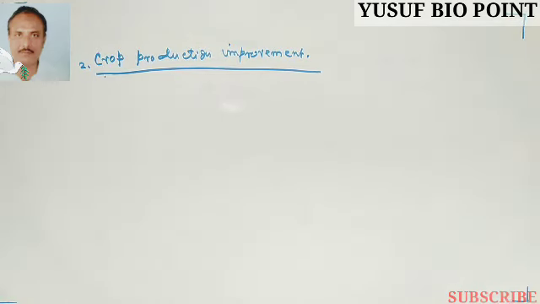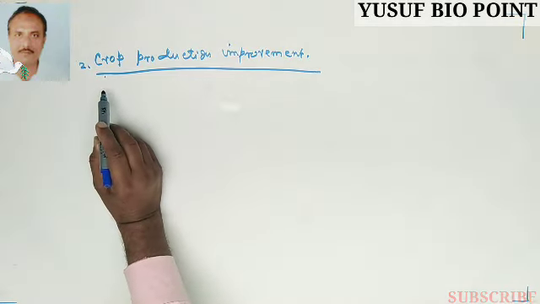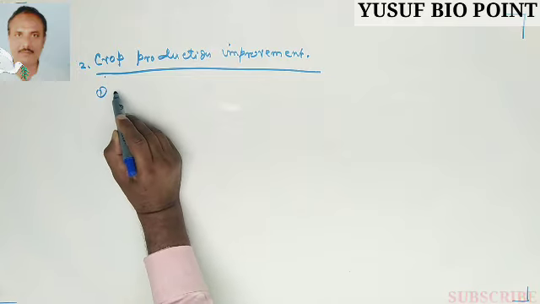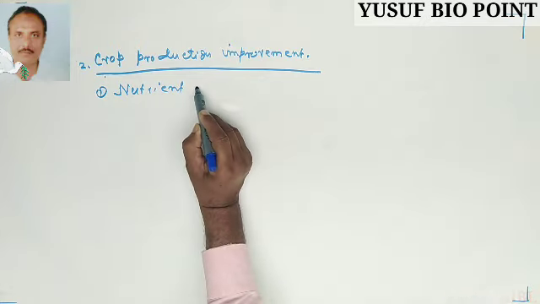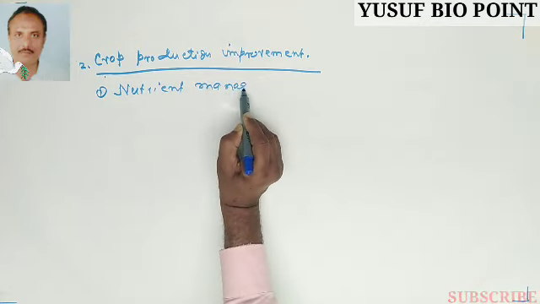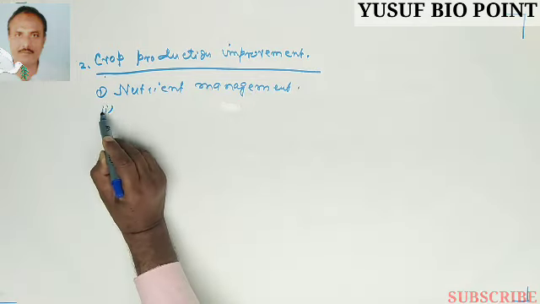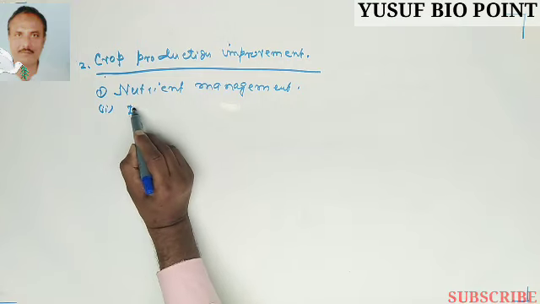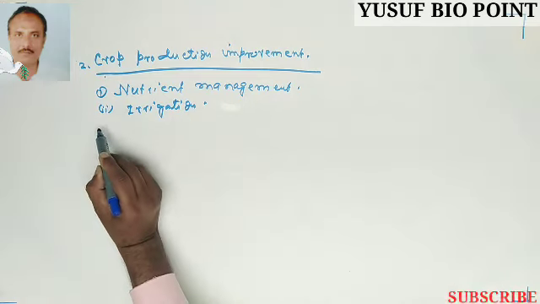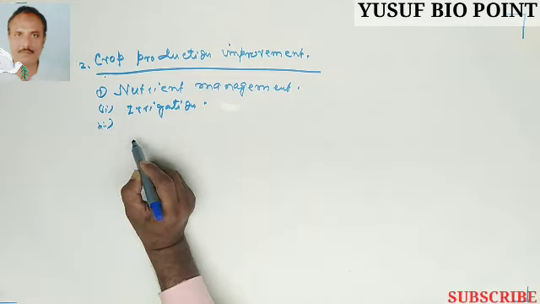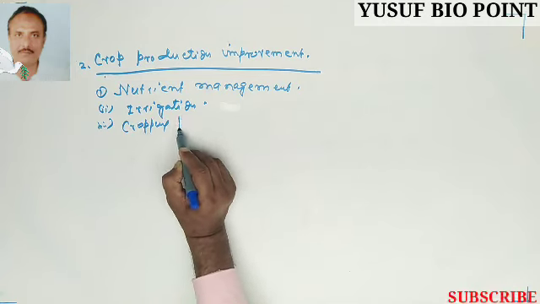Production improvement. To improve the production, we study the following topics. First one is nutrient management. Second one is irrigation, and third one is cropping pattern.